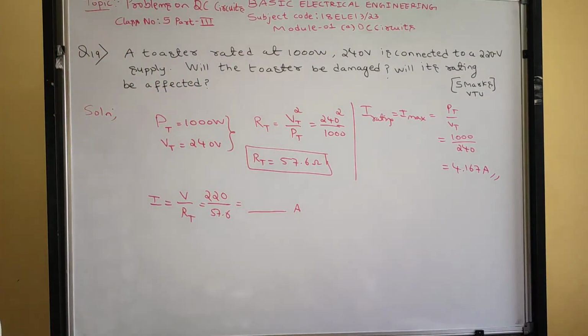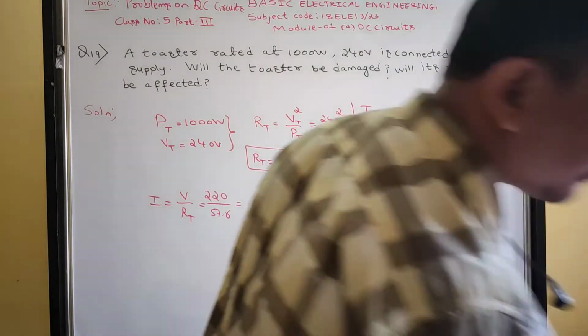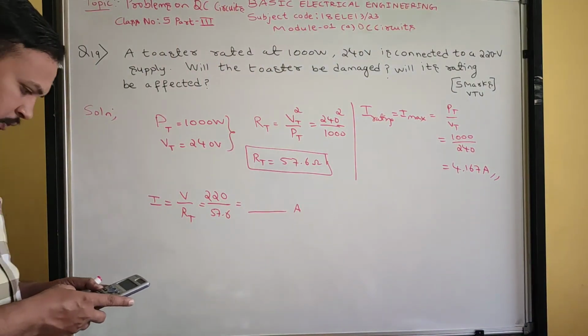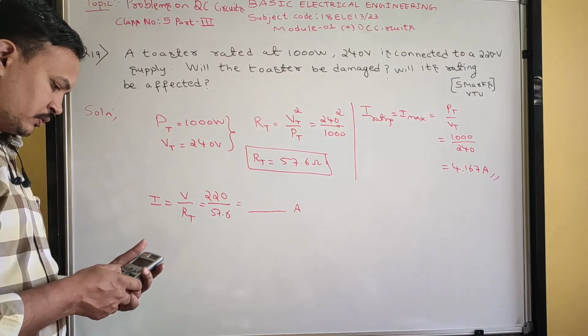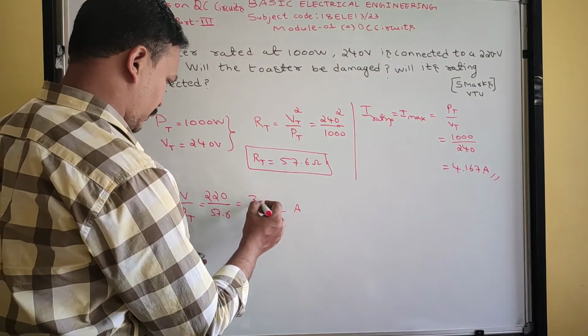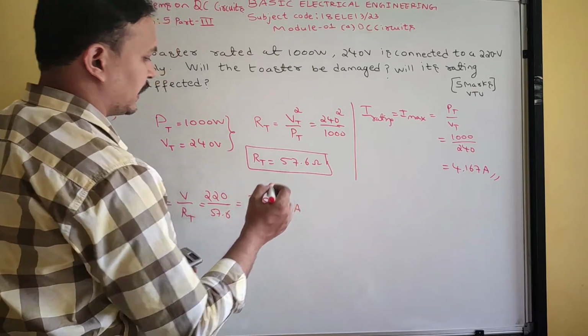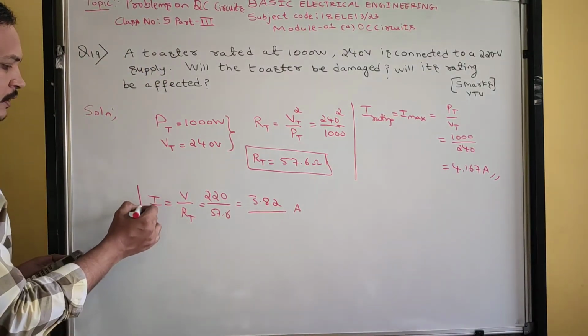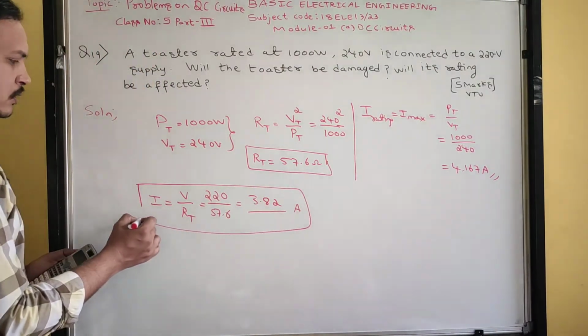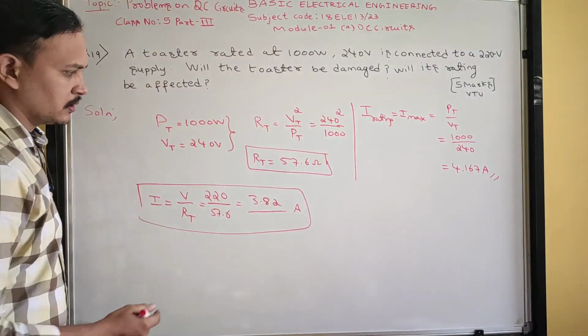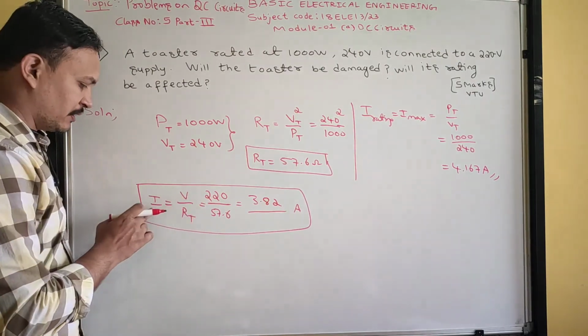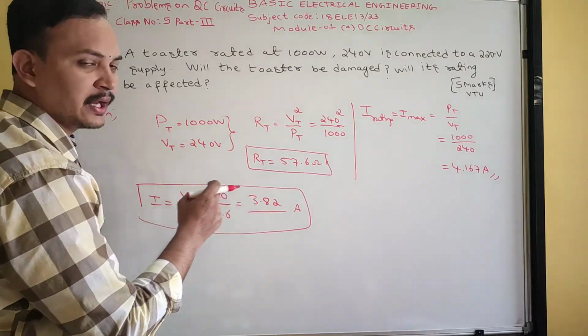Wait, I will take the calculator. 220 divided by 57.6. So we get 3.82 amperes. This is the new current. When the toaster is connected to 240 volt, that is the maximum current. But I am connecting to 220 volts, and I got the new current 3.82.